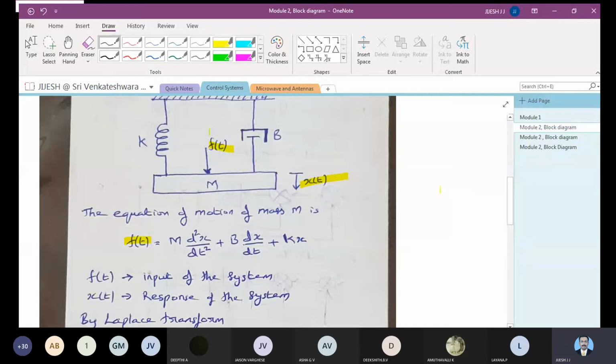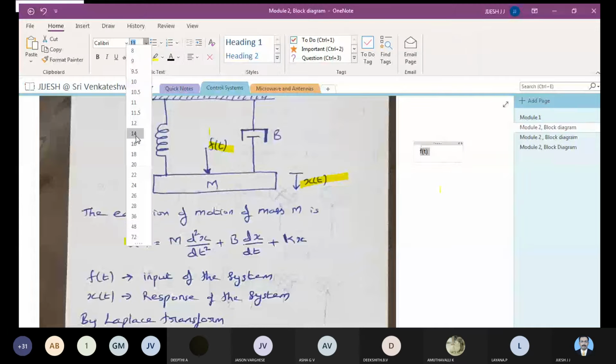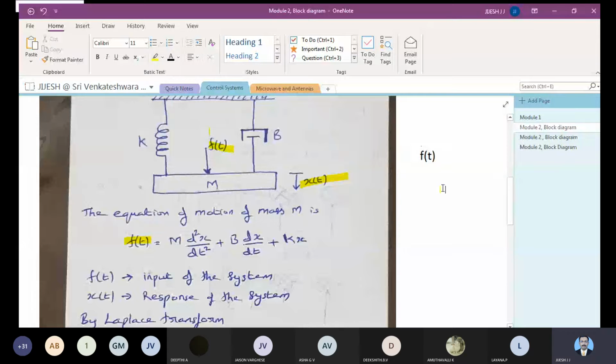So all of you wrote for f of t, and you have to write further. Then you write for f of s.